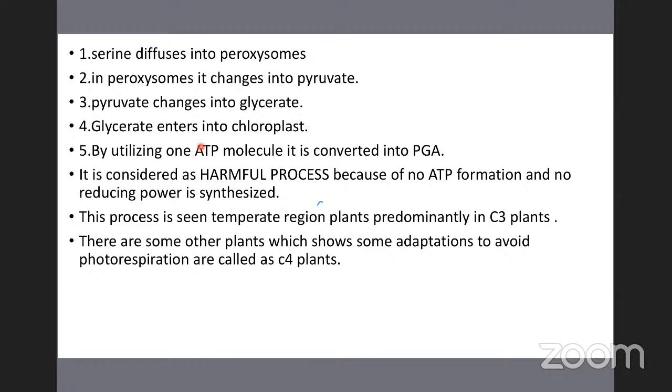By utilizing one ATP molecule, it is converted into PGA. And this photorespiration is considered a harmful process. Before discussing that, see the changes in the picture.